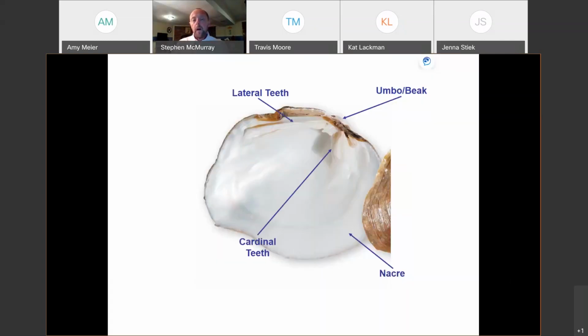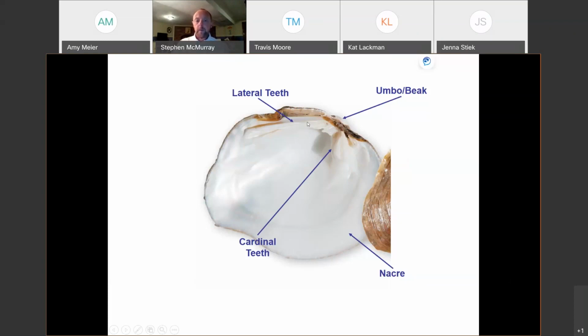Okay. Other structures that are on the inside of the shell that are important are teeth. They're not teeth used for chewing, mastication. They work in conjunction with the hinge ligament to provide an axis that the shell can open. And so we have cardinal or pseudocardinal teeth here, which are usually big, thick, heavy, triangular shaped teeth.